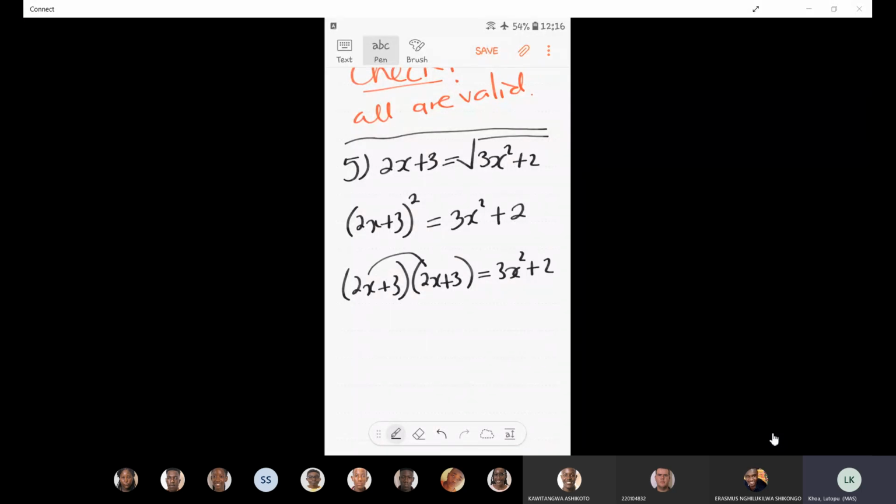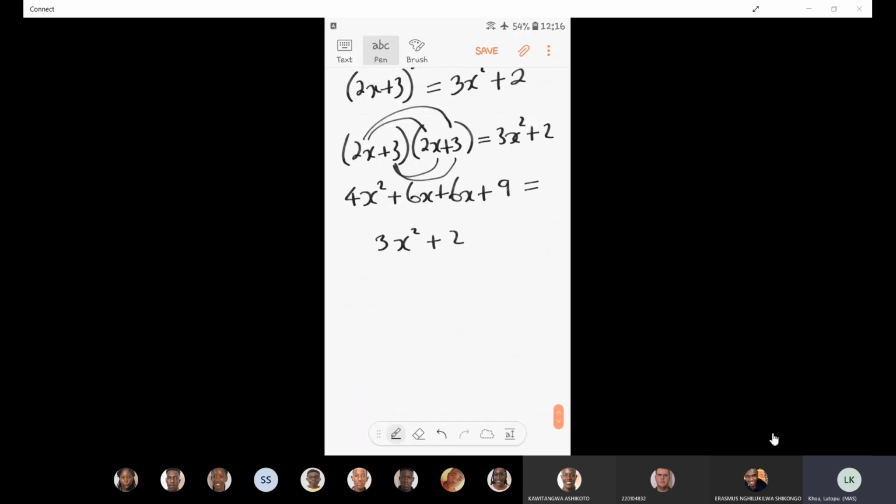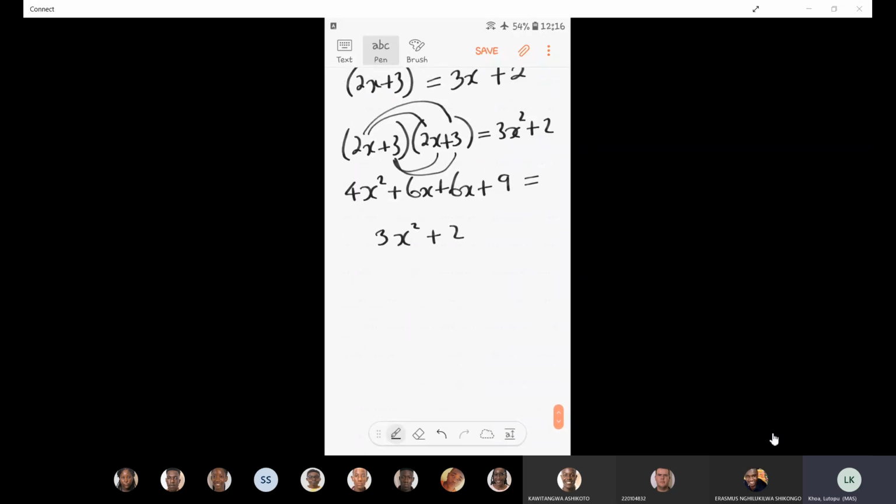Then this 2 multiply, you get 4x squared. Those 2 multiply, you get 6x. You get 6x. You get 9. And this is equal to 3x squared plus 2. Okay, you can simplify the left-hand side before you combine what was on the right-hand side.